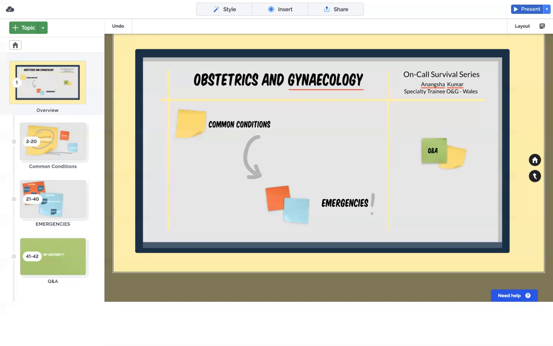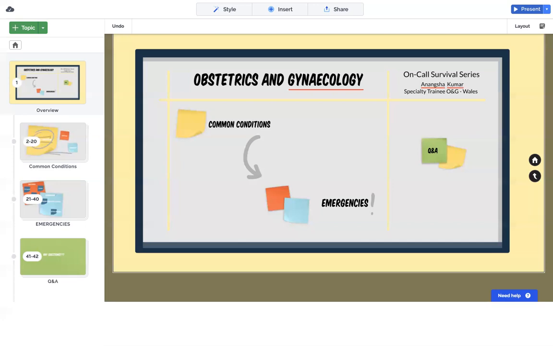What you're going to do is, if she has broken her waters, it does not necessarily mean she might go into labor immediately. It depends on her previous pregnancies. But you might need to consider antibiotic coverage, generally erythromycin.